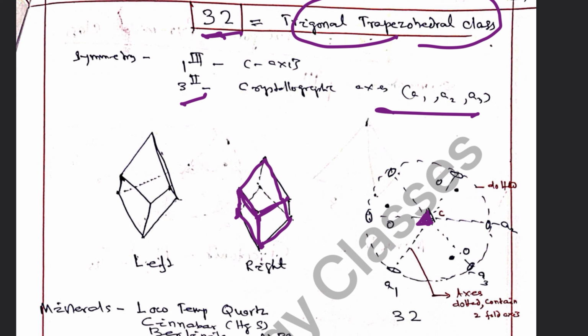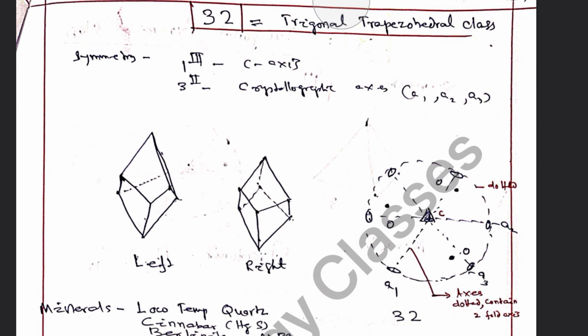So this is 1 axis of 3-fold, and these are the 3 axes. So we have one open dot, one solid dot, one solid, one open, one solid, one open. Like this we have 6 faces. We have 3 upper faces, 3 down faces, alternating each other. That has been shown here.